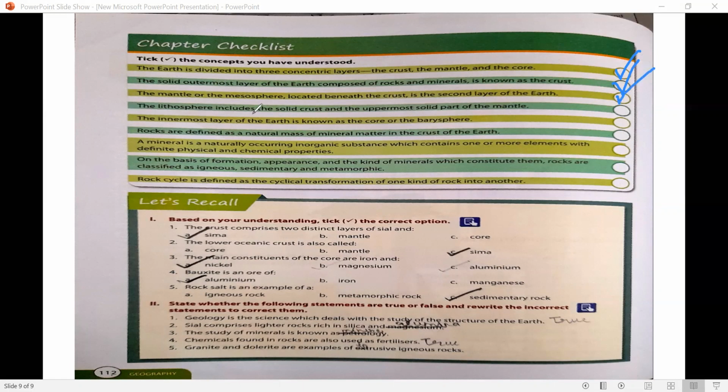The lithosphere includes the solid crust and the uppermost solid part of the mantle. The innermost layer of the earth is known as the core or the barysphere. We have learned why it is known as the barysphere. Hope you remember it.